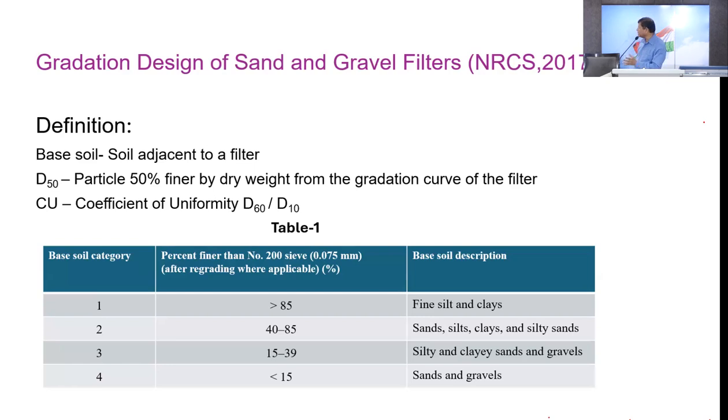We look at the percent of material which goes through the number 200 sieve. Category 1 is higher than 85%, that means it's mostly fines. Then 40 to 85, then 15 to 39, then less than 15. So that's how we first categorize the base soil.